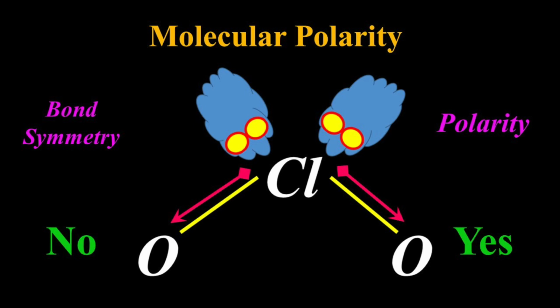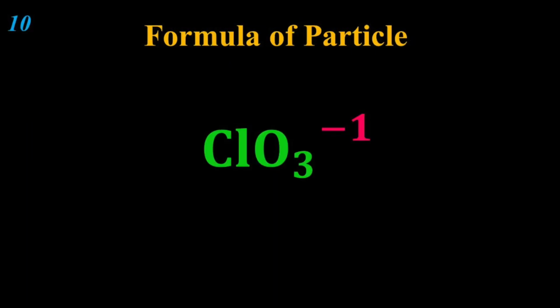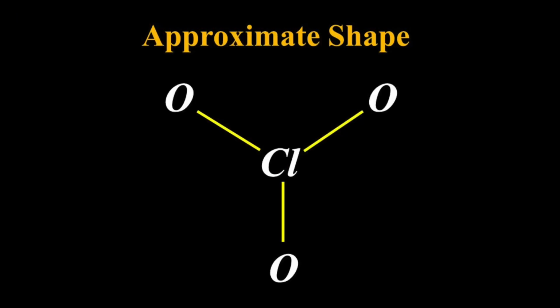And now we're going to do chlorates. ClO3, -1 charge. This is problem number 10. We'll start off with a little bit of a trigonal geometry.